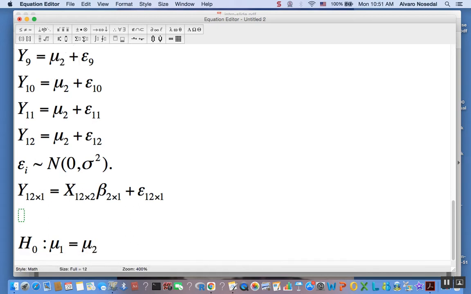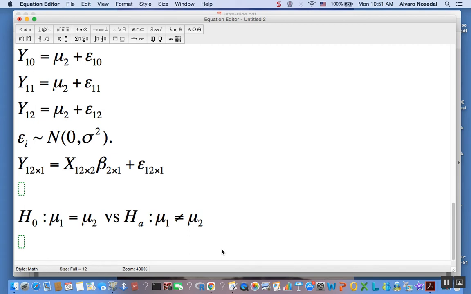Okay. Against, the alternative is that there is a difference. So mu1 is different from mu2. Make sense?